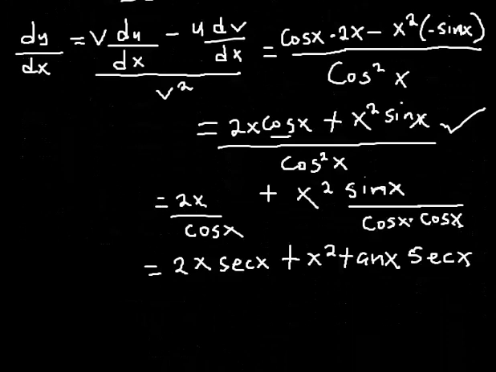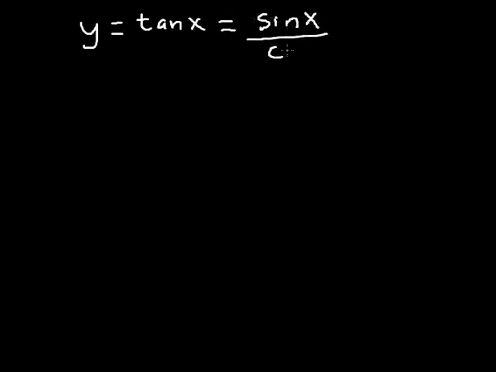Now remember, I told you that I wanted to prove the derivative of y being equal to tan x. Then I didn't do it. Why? Because I had not yet introduced the quotient rule, and we know that tan x is equal to sin x all over cos x. So I can actually do that now. So how can we do that?